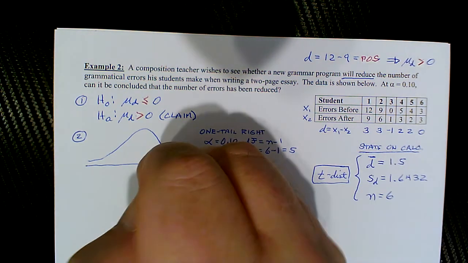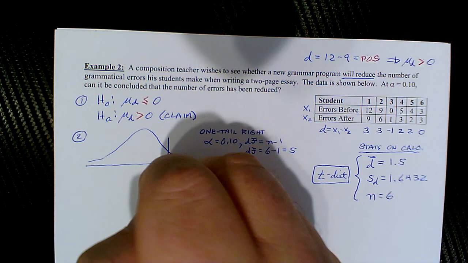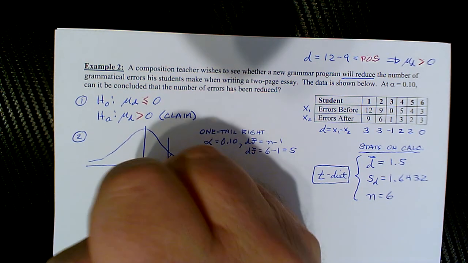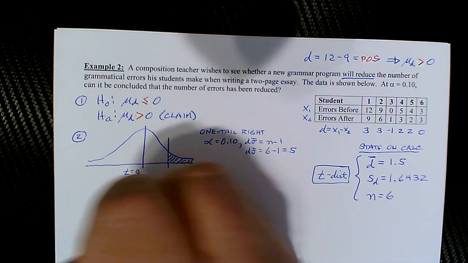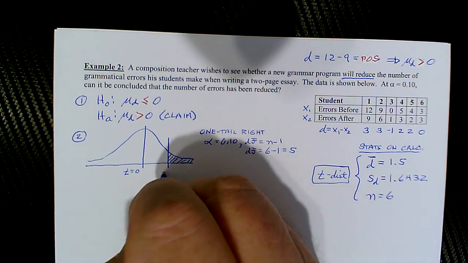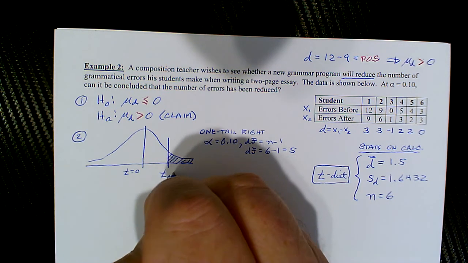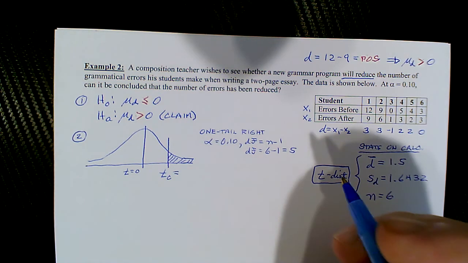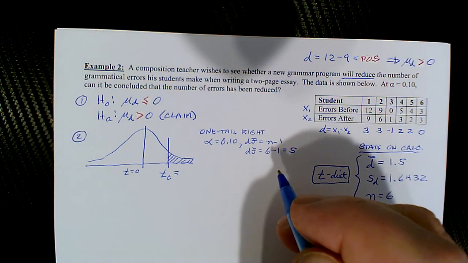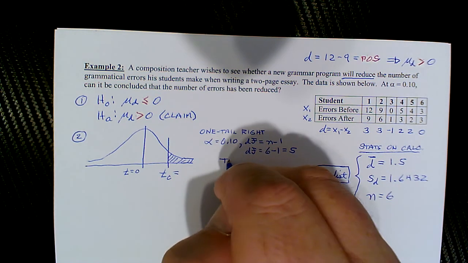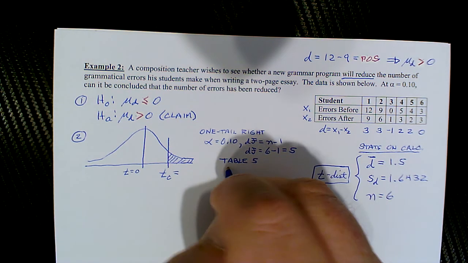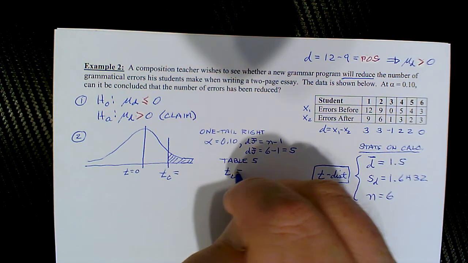So let's draw the tail somewhere on the right of the mean. You can put the mean down the middle if you wanted to. But then our critical value, t sub 0, t sub c, whatever you prefer to call it, we look up in table 5. So in table 5, because we're dealing with the t distribution, we see the critical value for t.